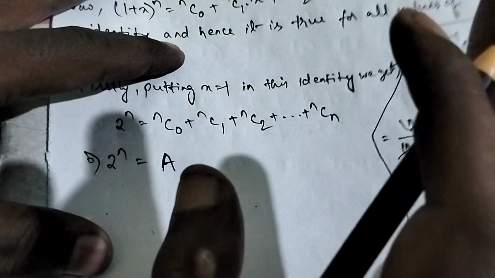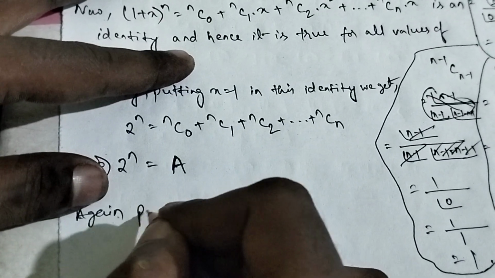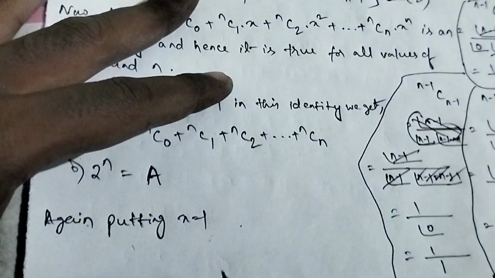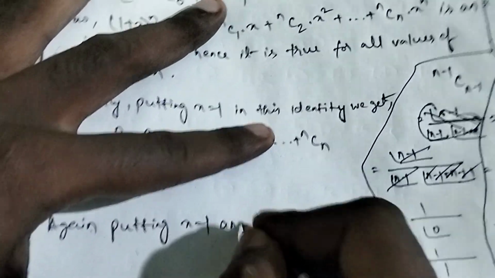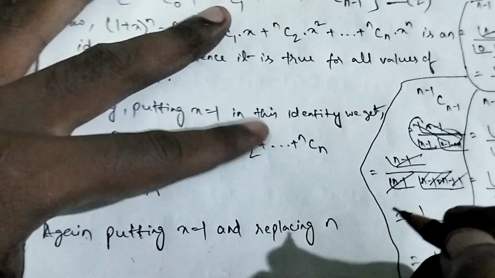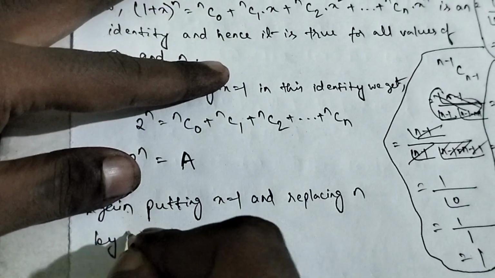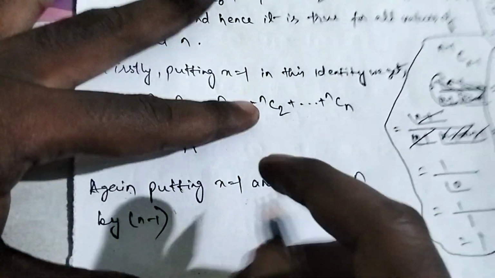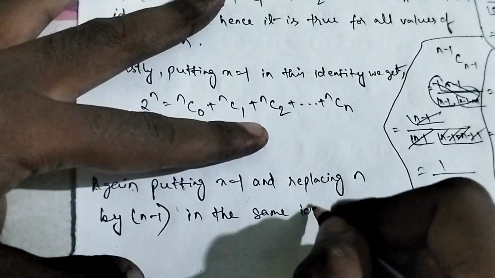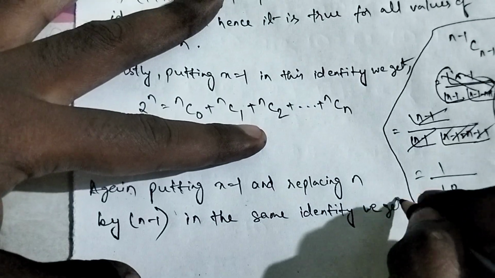I can write. Okay, so again putting x is equal to 1 and replacing n by n minus 1 in the same identity, we get.